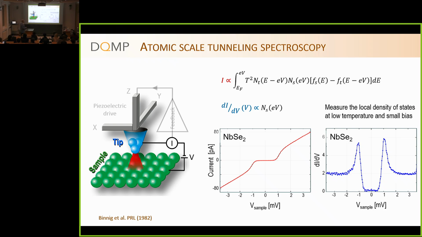Important here, of course, this is really dI/dV when you are at very low temperature, because if not, you get thermal smearing, and small biases. This tunneling barrier that Eliot drew is going to be deformed a lot if you apply very high biases. And you see, this is millivolts, and typically you may be able to go maybe a few hundred millivolts, but then you start to deform the barrier, and you need to correct to really get the density of states out of it.